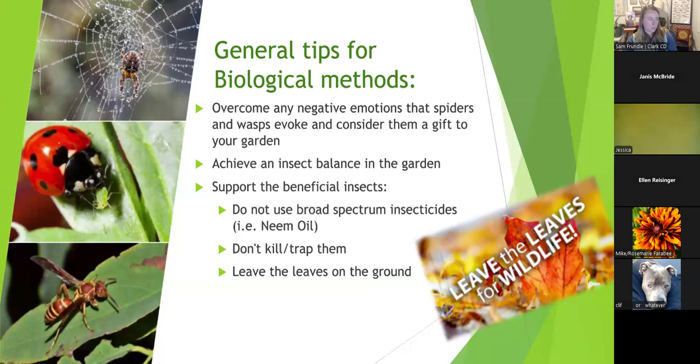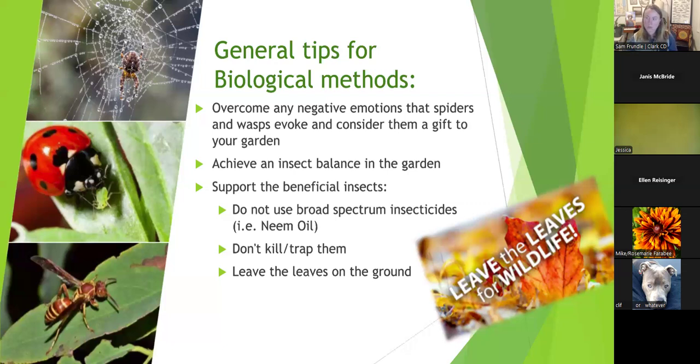Don't use broad spectrum insecticides. For example, neem oil. People just go on and on about the benefits of neem oil. Oh, I saw this, so I just sprayed it with a little neem oil. Well, you just sprayed it with a broad spectrum insecticide that's going to kill not only the target pest that you want to kill, but it's also going to kill beneficial insects.